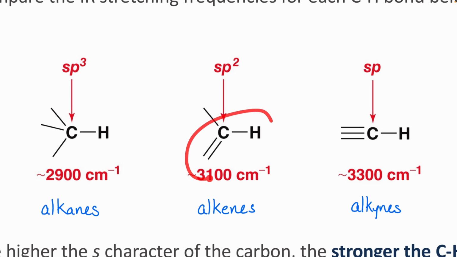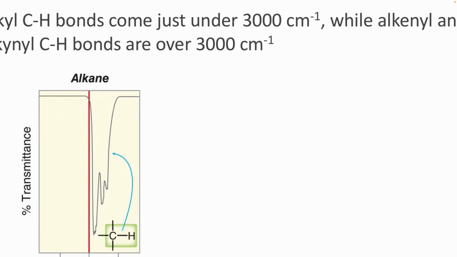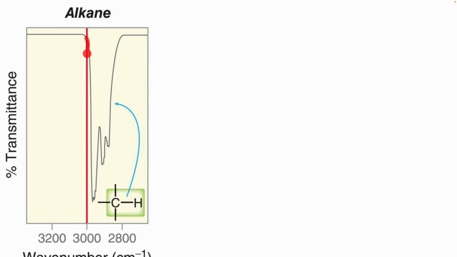Even if there is a carbon-carbon double bond in there, most likely if it's a larger molecule, it's going to have some sp3 hybridized carbons. So this cluster of peaks is what we'll see in just about every IR spectrum that we look at. All right, and since there's many carbons with hydrogens, we see a bunch of peaks kind of all stacked on top of each other. All right, so this little cluster here is our sp3 carbons and hydrogens.